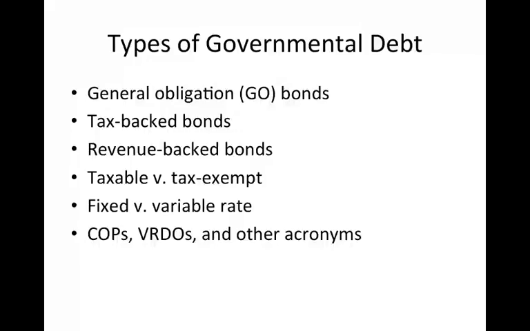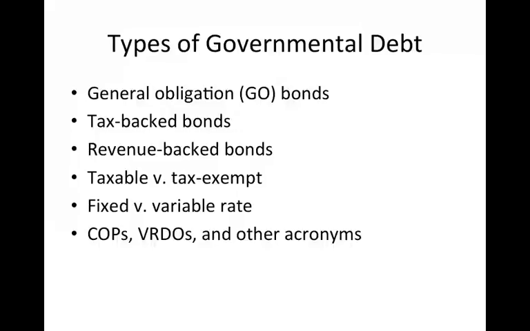You're going to see, if you look at debt for any length of time, a long list of acronyms. I'm not going to get into all of those. COPs, or certificates of participation, is a type of debt that is connected with long-term capital leases. VRDOs are variable rate debt obligations.